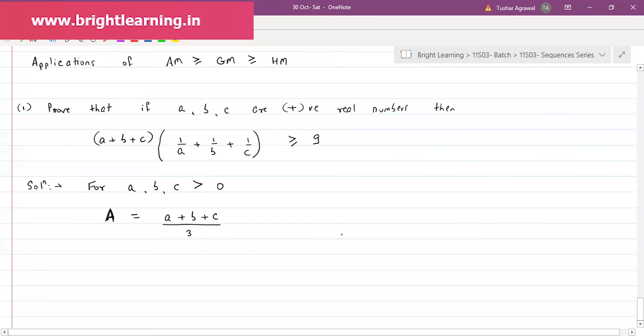And what is harmonic mean? 1 upon H is the arithmetic mean of 1 upon A, 1 upon B, 1 upon C. So that is the same as (1 by A plus 1 by B plus 1 by C) upon 3. So can I write H, harmonic mean of A, B, C, is equal to 3 upon (1 by A plus 1 by B plus 1 by C).